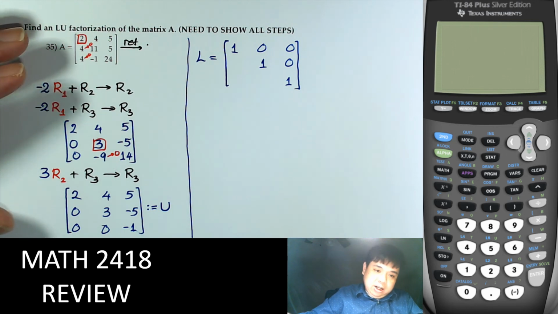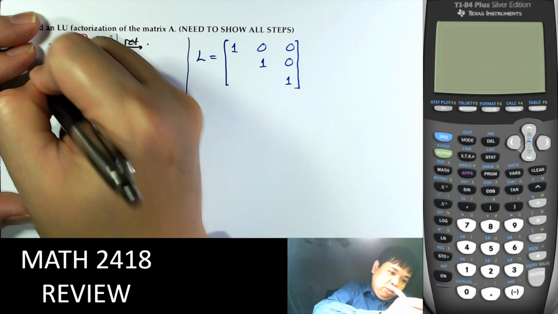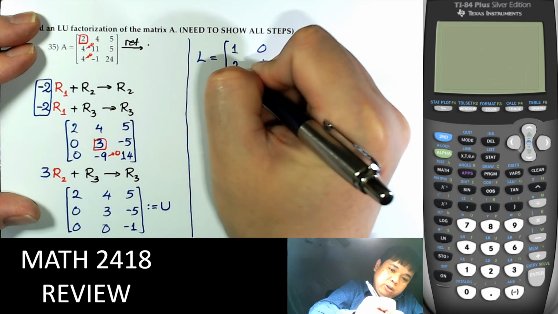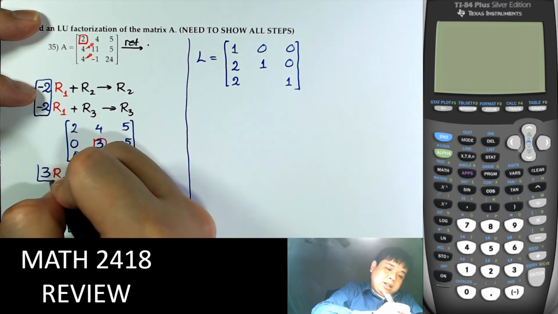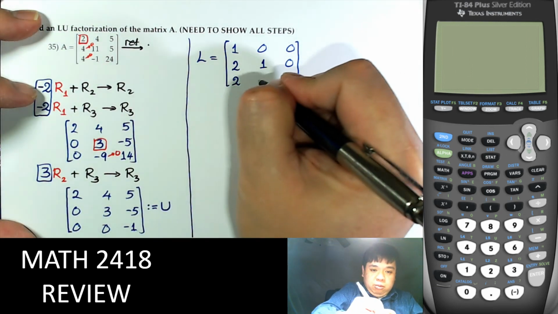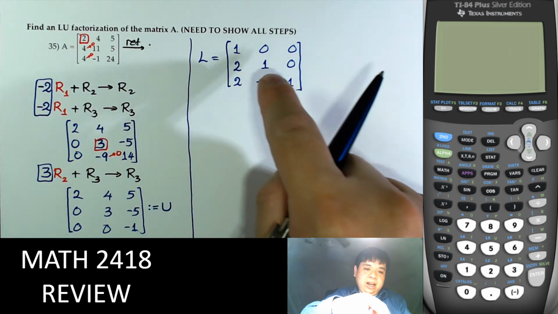So take this number, turn it to its opposite, and place that below the 1 in the first column. And then we'll take the opposite of that, and replace in the second column. So that's what we have, LU.